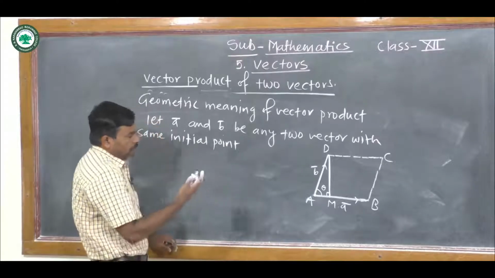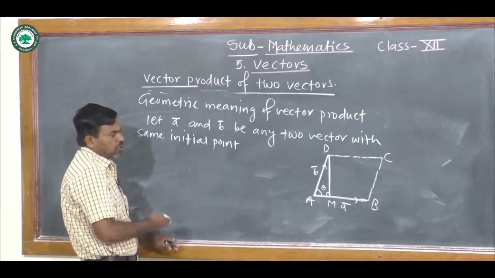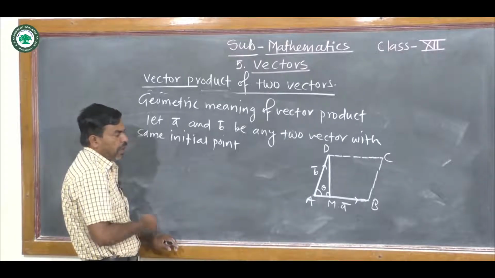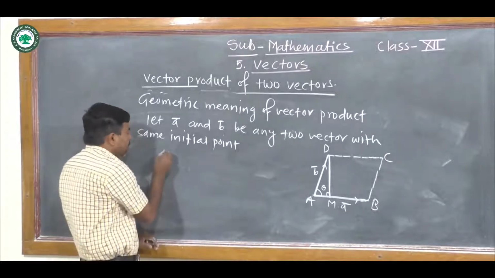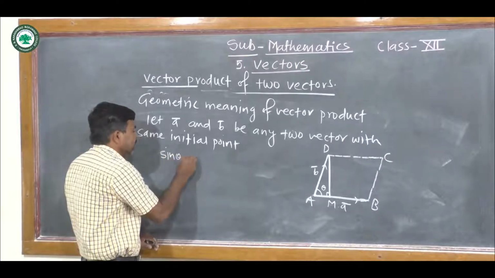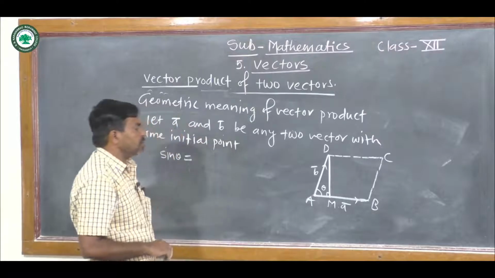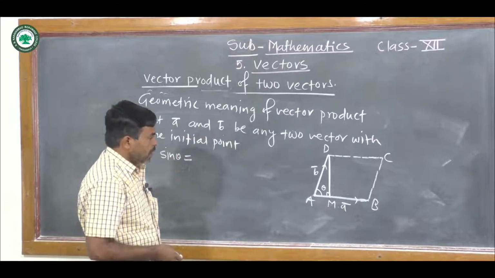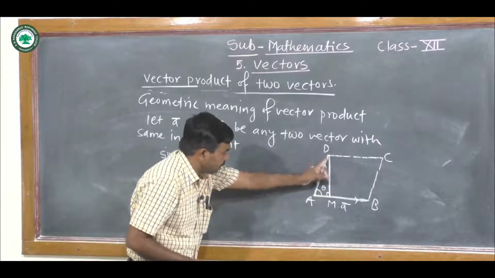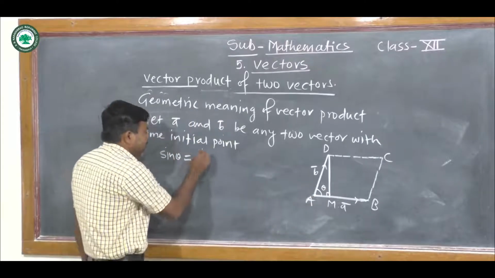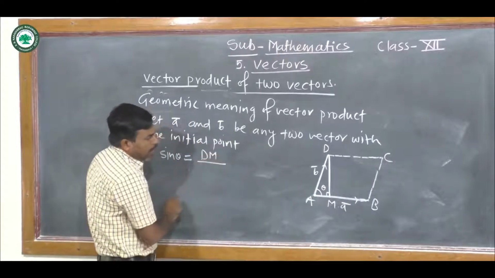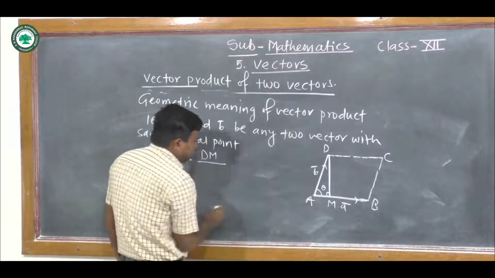And we know that we have the trigonometric ratios of acute angle in a right angle triangle. From this one, what is sine theta? Sine theta is equal to opposite side divided by hypotenuse. Here opposite side is DM, so it is DM divided by hypotenuse, which is AD.